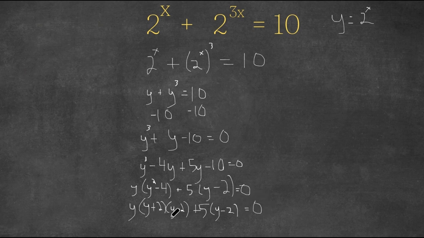Now, as you can see, since both terms have y minus 2 in them, we're going to factor out y minus 2. If we factor out y minus 2, we get y times y plus 2, plus 5.